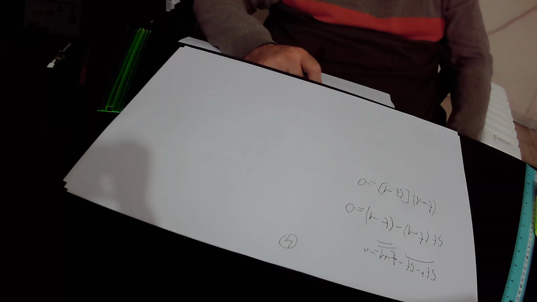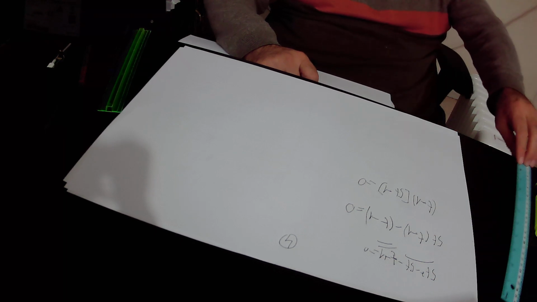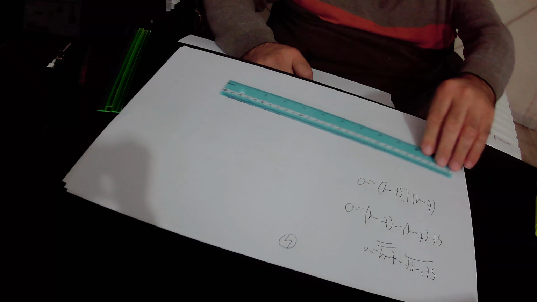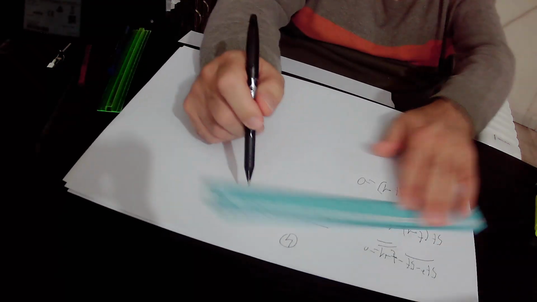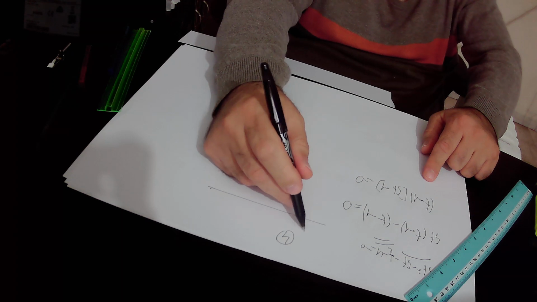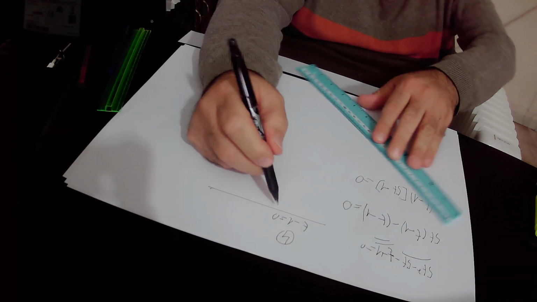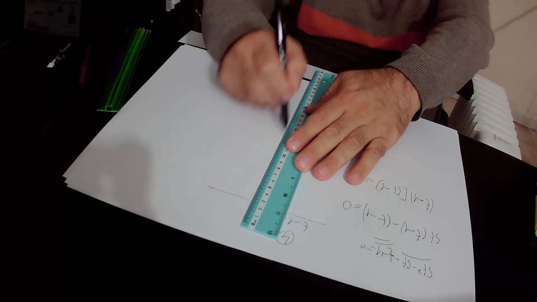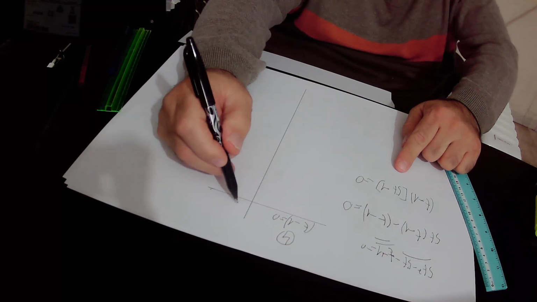So here we have two possible solutions for the value of t. Either t minus 1 equals 0, and the second solution is that 5t minus 1 equals 0.